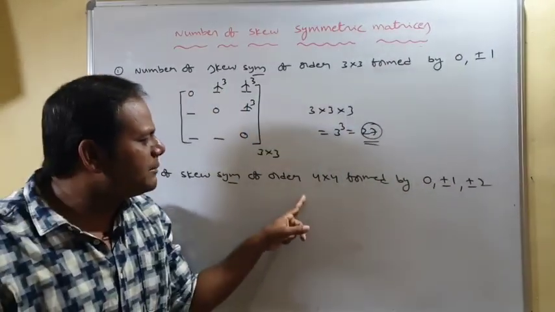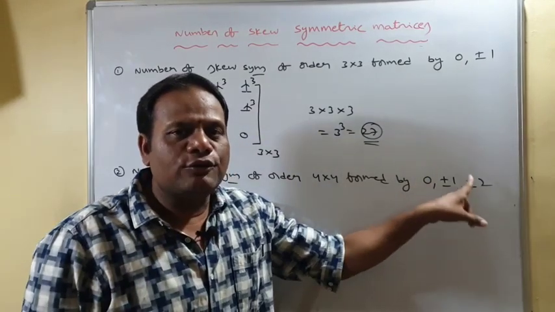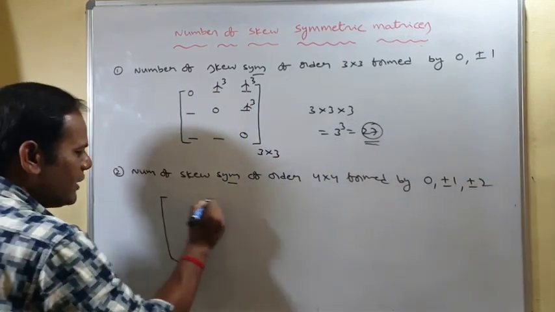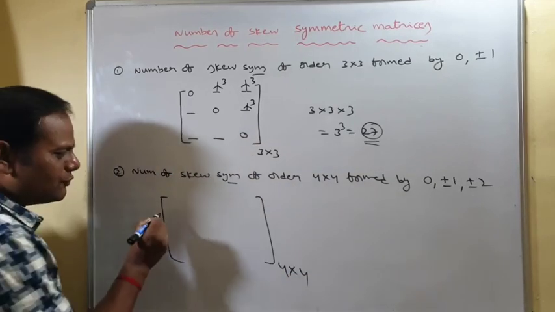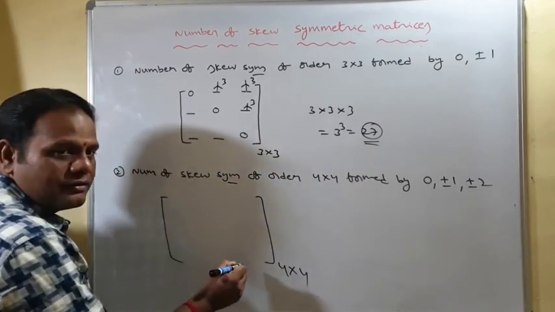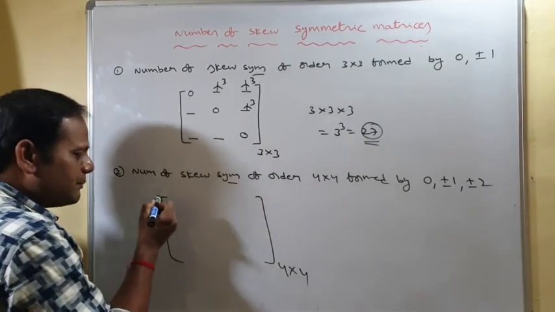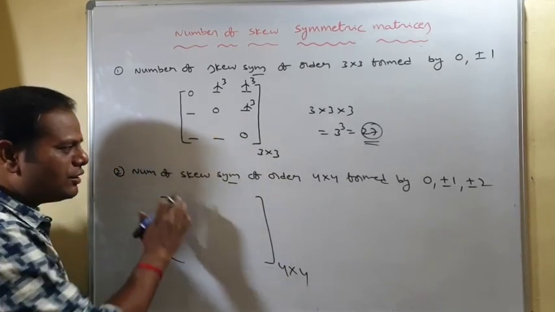Number of skew symmetric matrices of order 4 cross 4 formed by 0, plus or minus 1, plus or minus 2. Now you have to form 4 by 4 skew symmetric. Anyhow, we just fill the upper triangular portion. But every diagonal element must be 0 in a skew symmetric.